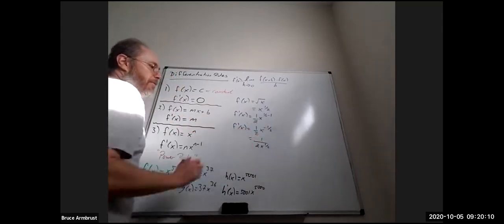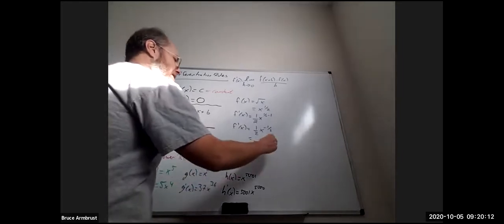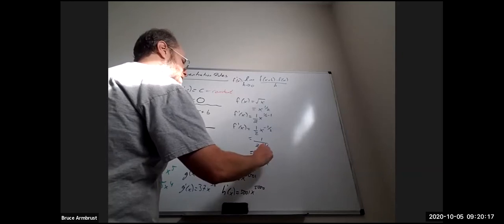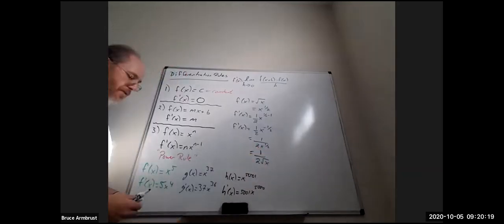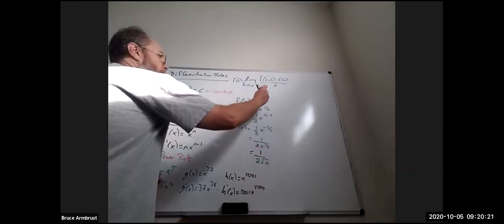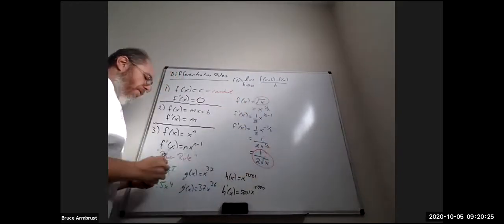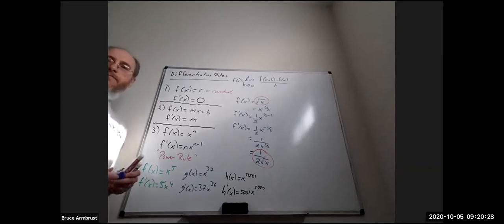Negative powers, we drop them down to the denominator. And I can even turn that back into a square root. And so we see that the derivative of the square root of x is 1 over 2 times the square root of x.